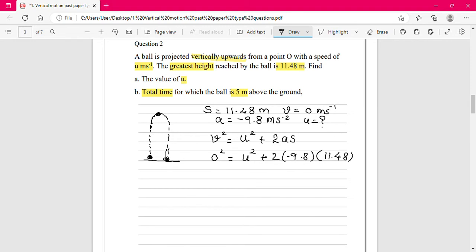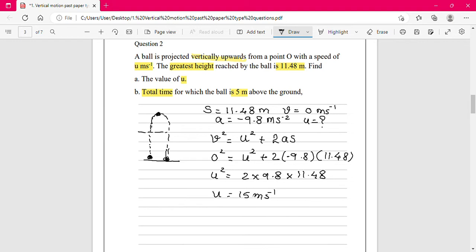So u square is equal to 2 into 9.8 into 11.48. So if you solve this, you will get the value of u as 15 meter per second. Now, in the second case, they have asked the total time for which the ball is 5 meter above the ground.